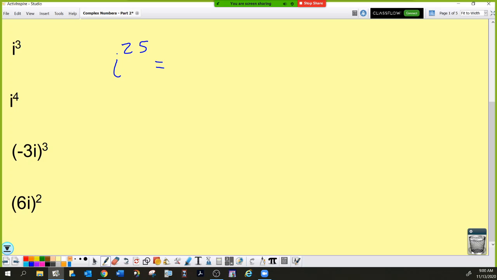But what's i squared? i squared's value is -1. So i to the third actually says negative 1 times i, which is negative i.